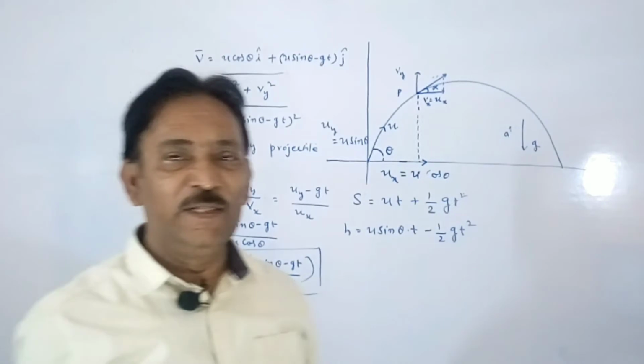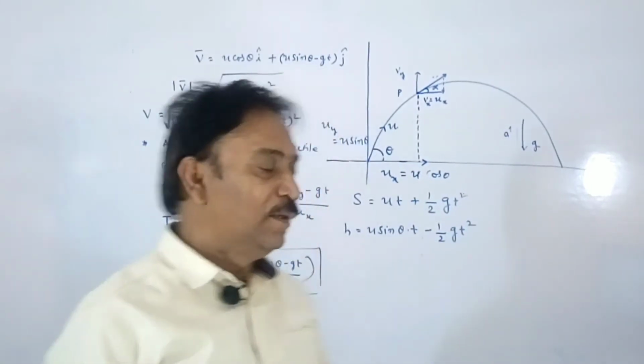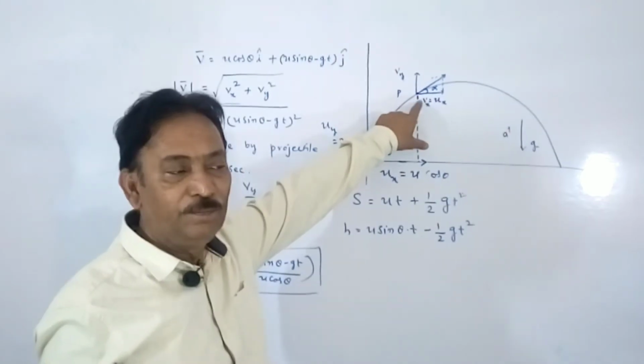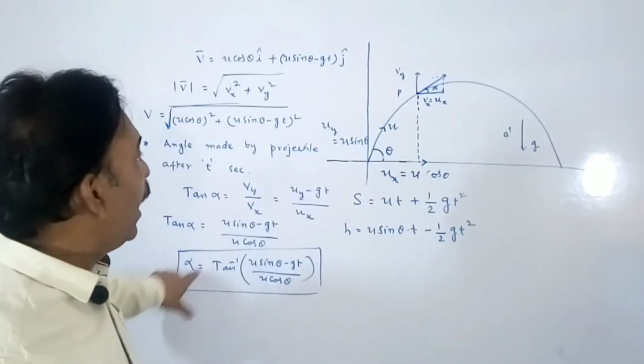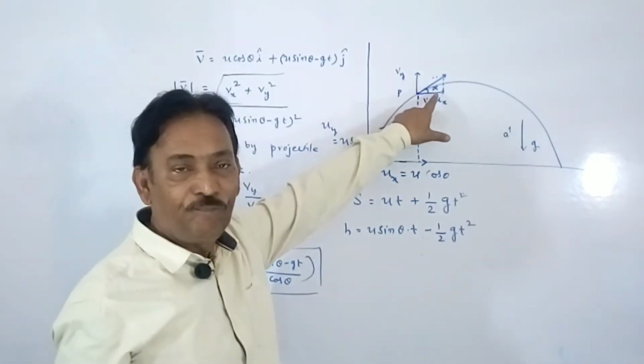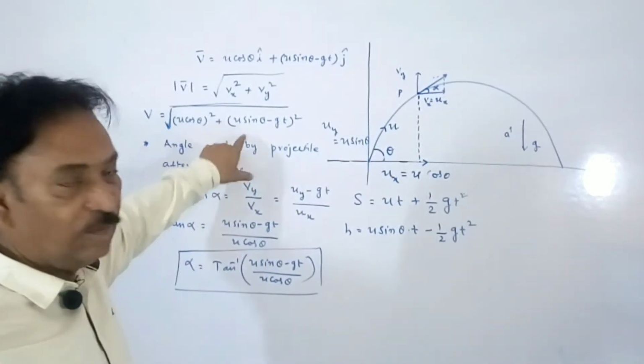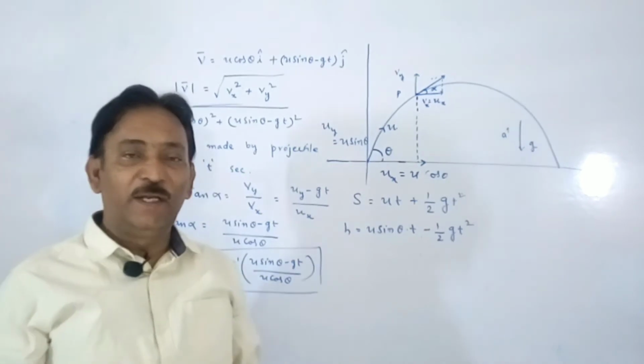And substituting these values, we will get the height of the projectile after a given interval of time, and similarly the angle made by it after an interval t, and the velocity of the projectile at a given interval of time.